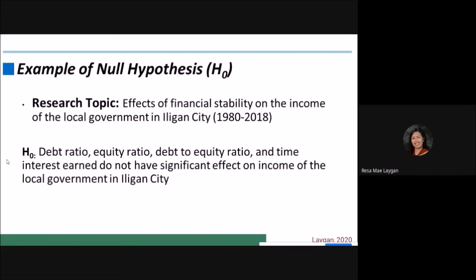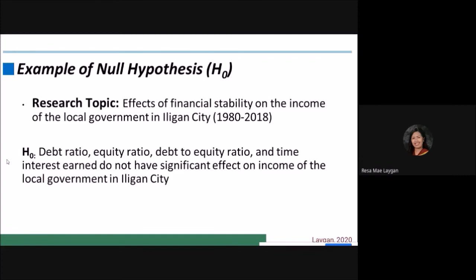So here, on the null hypothesis, I'm going to prove if this null hypothesis is true or false. If it is true, then I will not reject the null hypothesis, and I will conclude in my conclusion that I will not reject it because my findings prove that it is true.